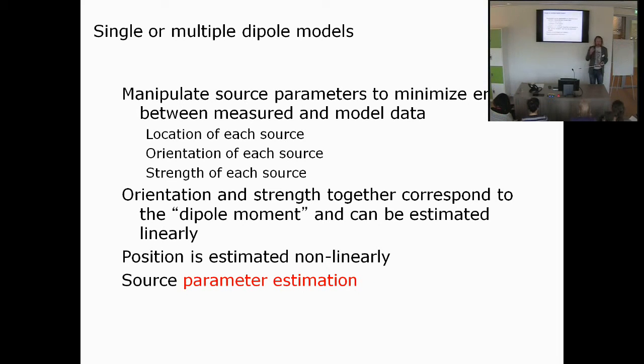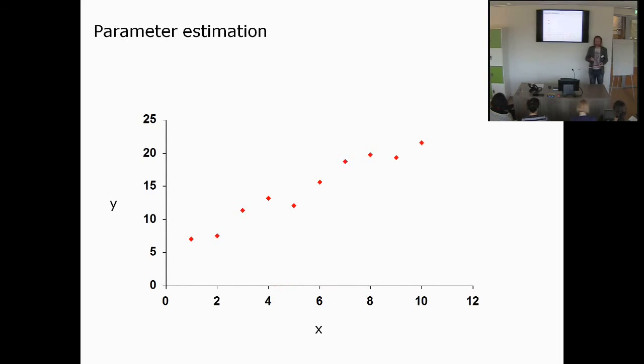But the important thing for you to remember is that with multiple dipole models, what we're doing is source parameter estimation. And you all know parameter estimation quite well. Parameter estimation is something that you do if you have an independent variable and you've made measurements giving you the dependent variable. You can make a model that describes the dependent variable as a function of the independent variables plus a number of parameters.